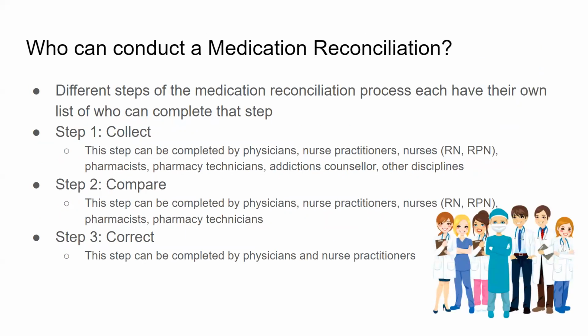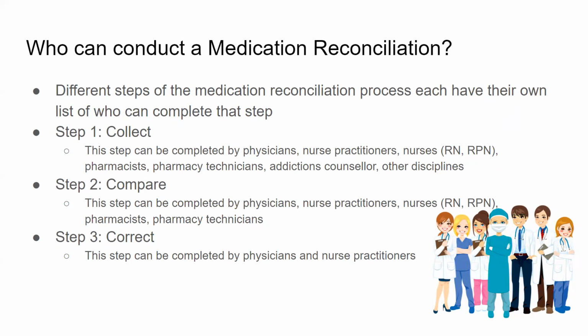Now, who can conduct a medication reconciliation? Different steps of the medication reconciliation process can have their own list of who can complete the step. For example, in step 1, or to collect, the step can be completed by physicians, nurse practitioners, nurses, pharmacists, pharmacy technicians, addictions counselors, and other disciplines.